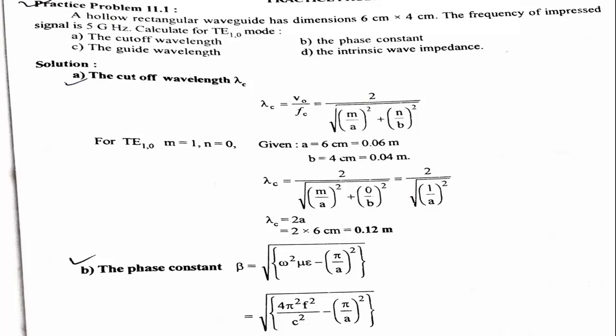Now start with the first parameter that you need to calculate, that is the cutoff wavelength. Cutoff wavelength is at a particular frequency where resonance is occurring, the critical or cutoff frequency. At that particular instant only we are interested in the wavelength.